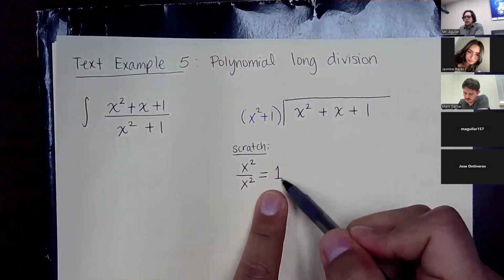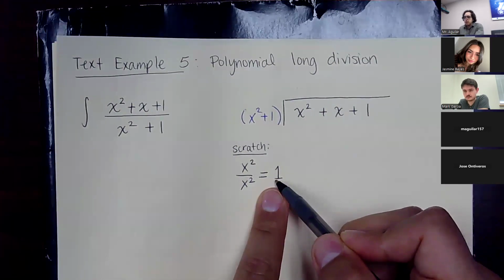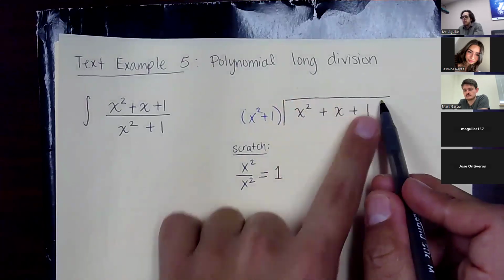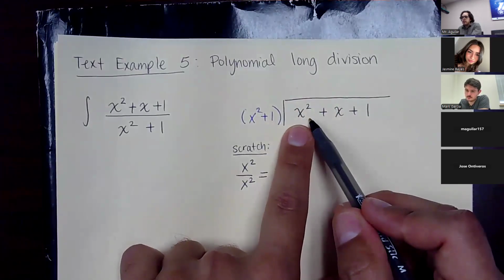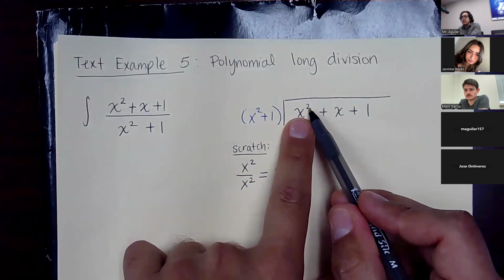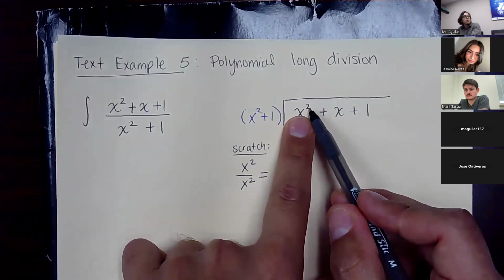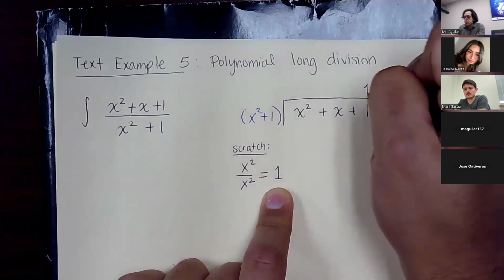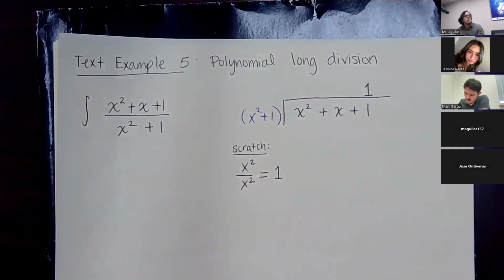So if that's what I got as my result, I'm going to put that in on top of this division symbol. But notice that these terms are going in order of descending exponent, right? Exponents go from biggest to smallest. If this is just a constant, I'm going to put it right above my constant column.